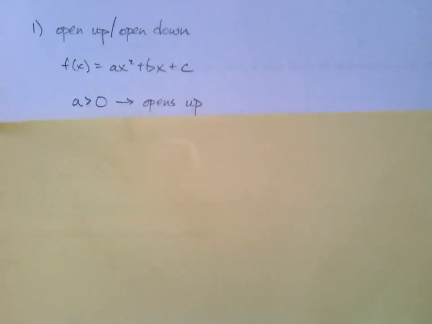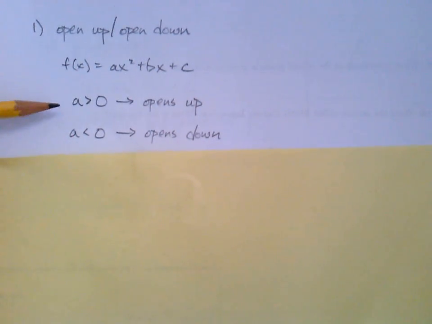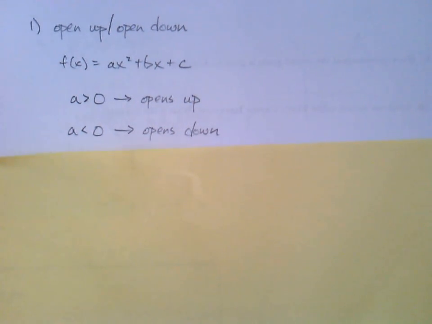If a is a positive number, if a is greater than 0, the parabola is going to open up. That's it. We just look at the value of a. If that value is negative, less than 0, the parabola is going to open down. We don't really have to do any work. We just have to pay attention to a. Pretty cool.